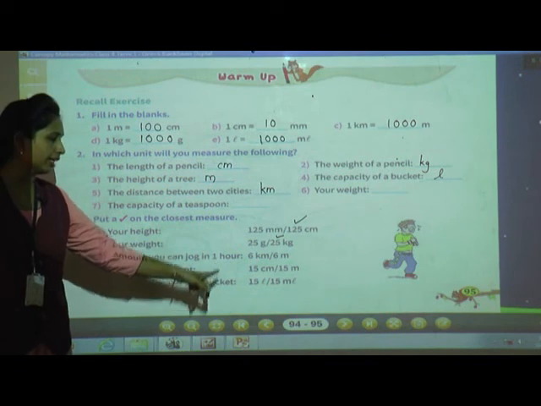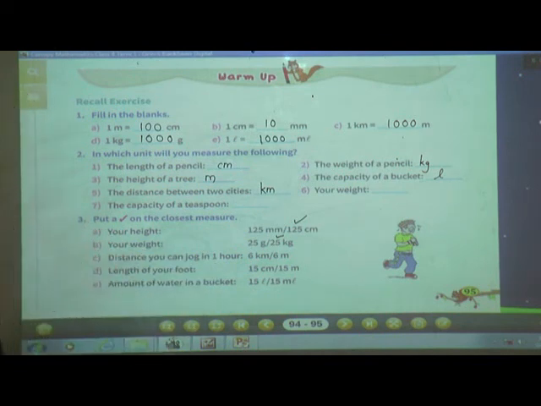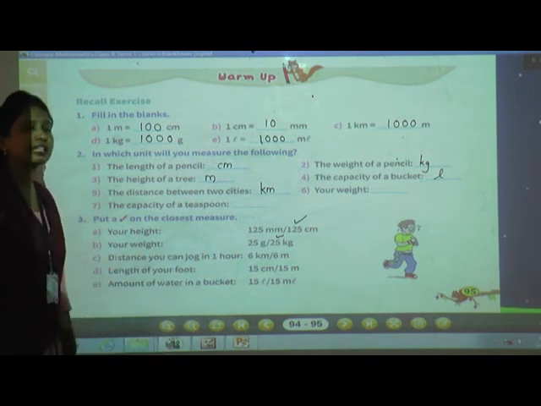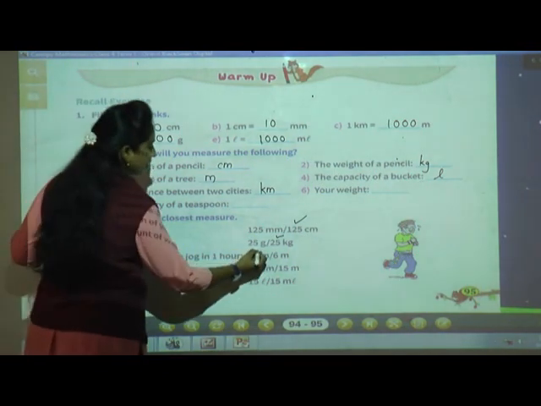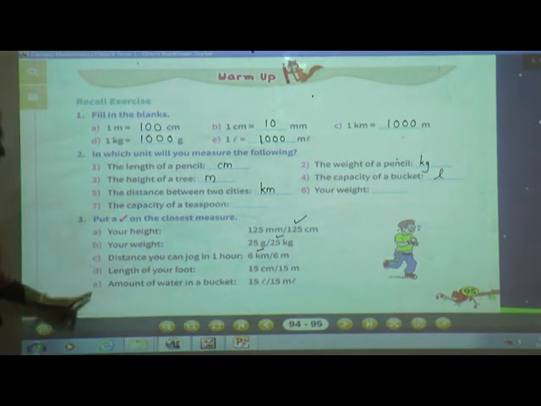Distance you can jog in 1 hour. How much distance can you jog in 1 hour? 6 kilometers or 6 meters? Yes? Kilometer. Because for 1 hour we are walking. The length of your foot, how will you measure? In centimeter or meter?